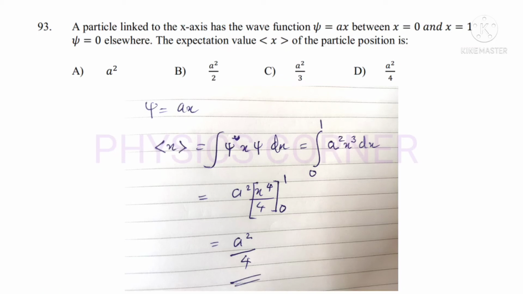Psi star is ax and psi is also ax, so we can integrate this like a square into x raised to 4 by 4, limit from 0 to 1. So when we calculate, we get the expectation value of x as a square by 4, right? It's given in option D.